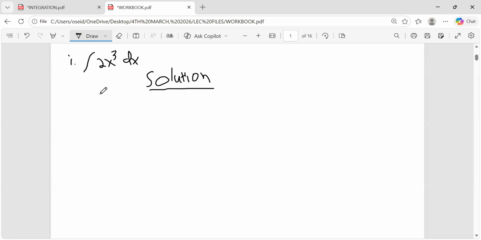You see integral 2x exponent 3 dx is equal to 2 over 4, because 1 plus 3 is 4, times x exponent 4 plus k.